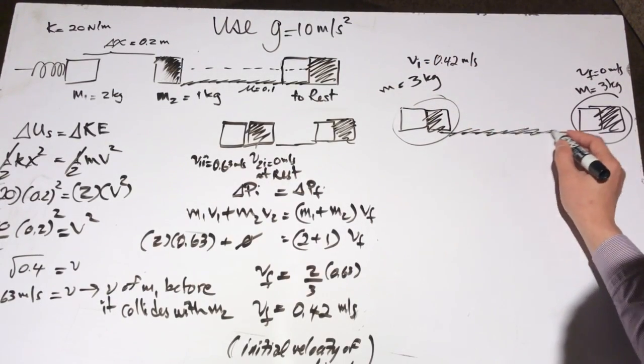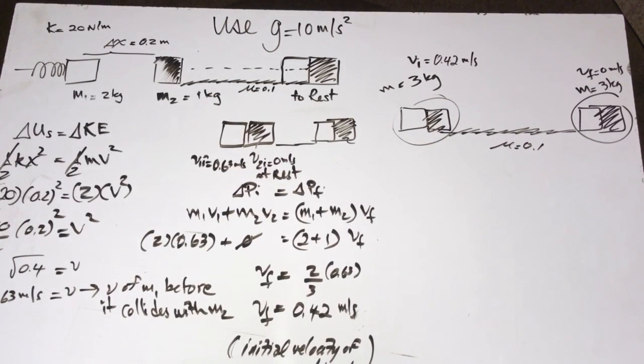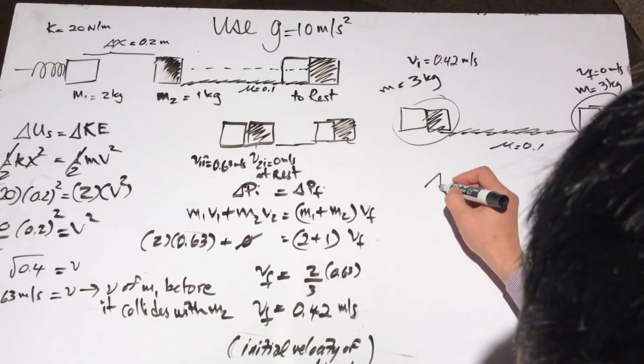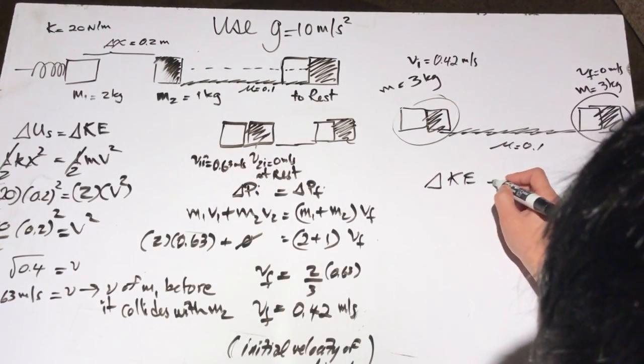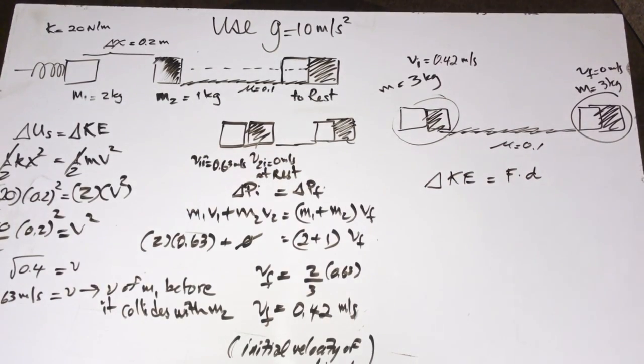Along the way, there is friction doing the work. It's actually kinetic friction that does the work to slow it down all the way until it comes to rest. So now we're going to use this: work is equal to force times distance.